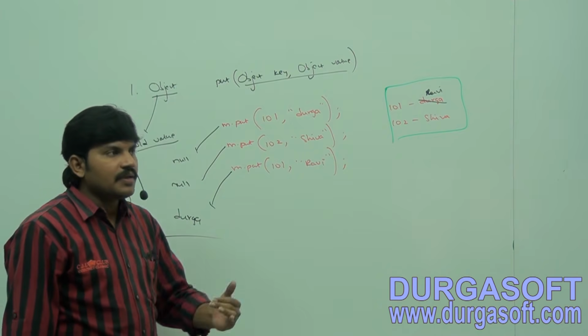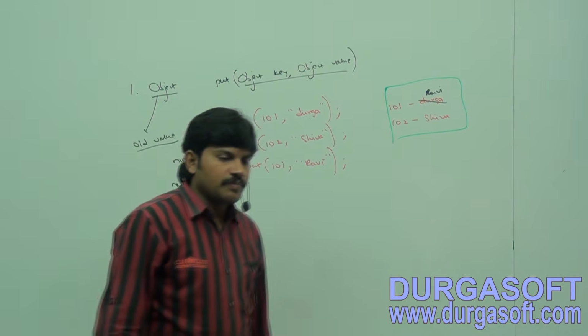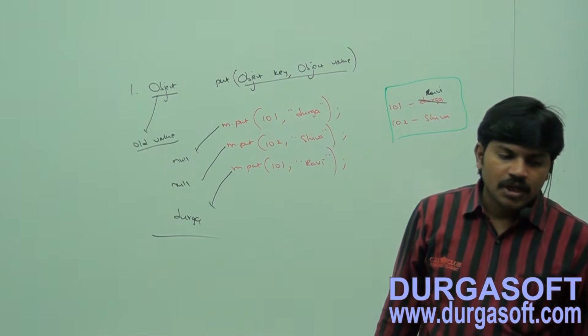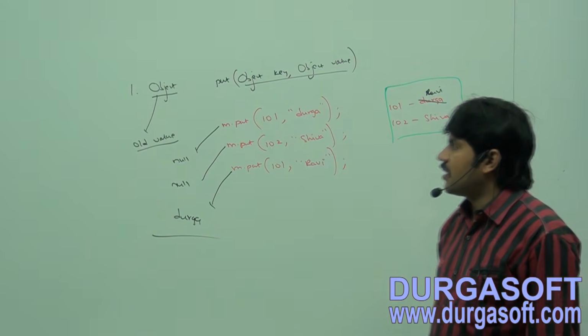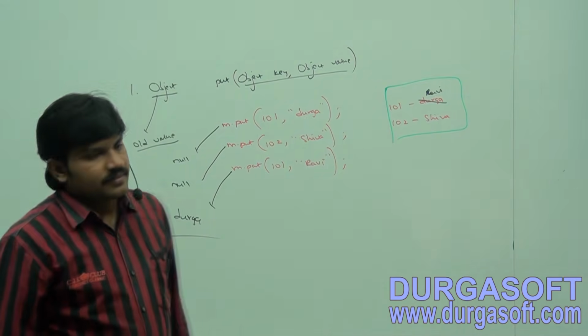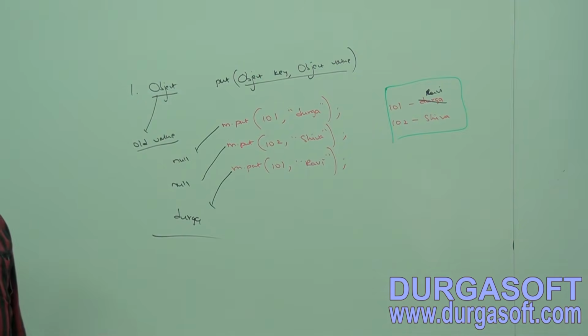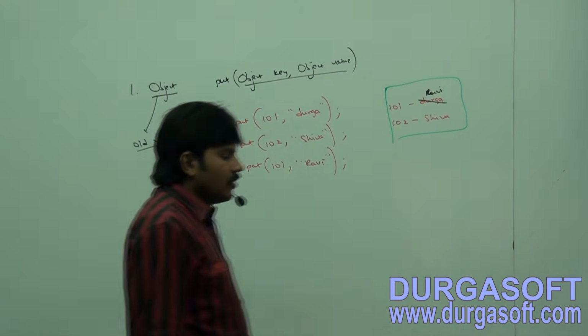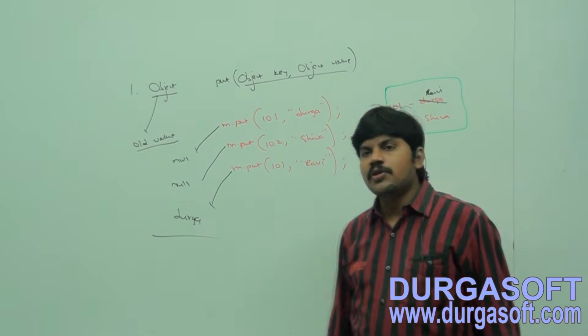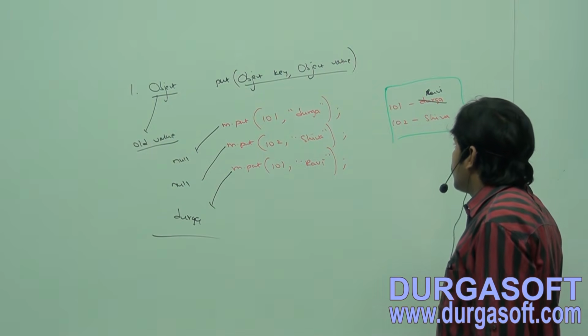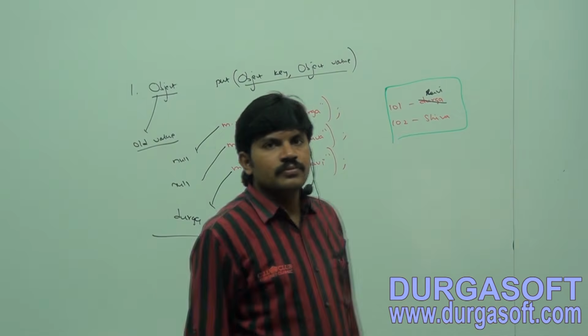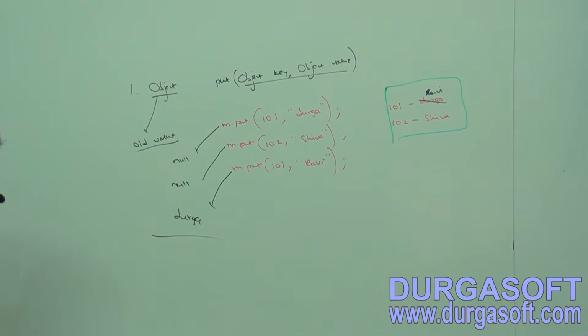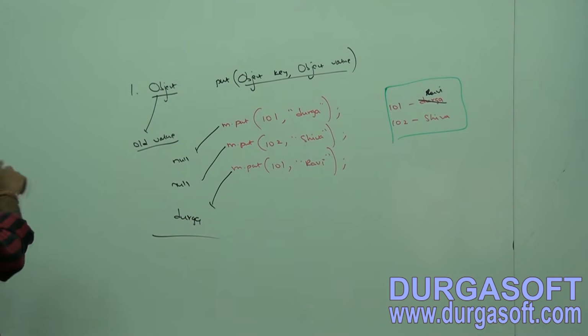Next, add: if the key is already present, then the old value will be replaced with the new value.